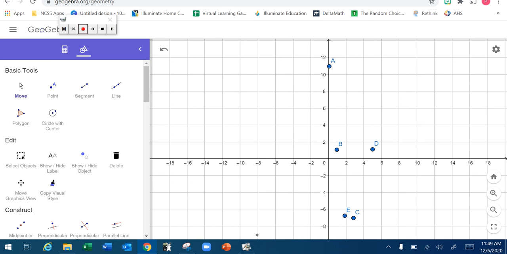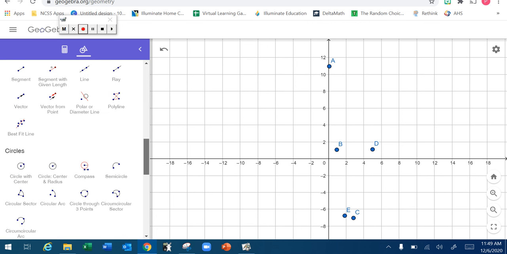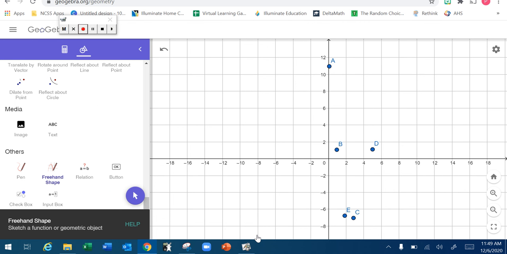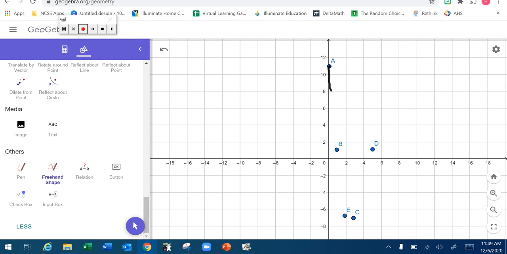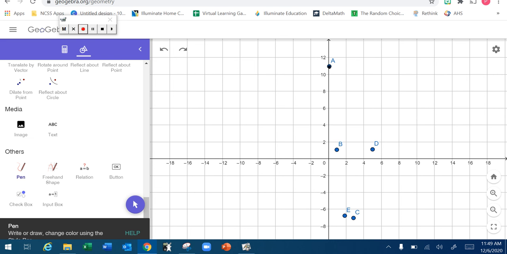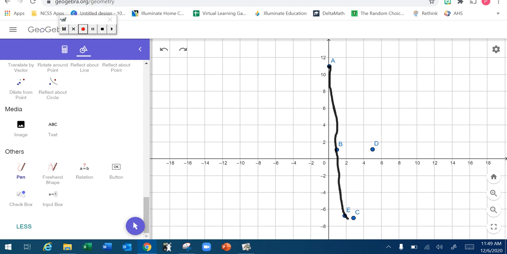Let me just delete that out. So I'm going to go freehand and try to draw it neater. Let's see if it catches it now. It still isn't giving me the right shape. So I'm just going to go to pen and draw it like this.